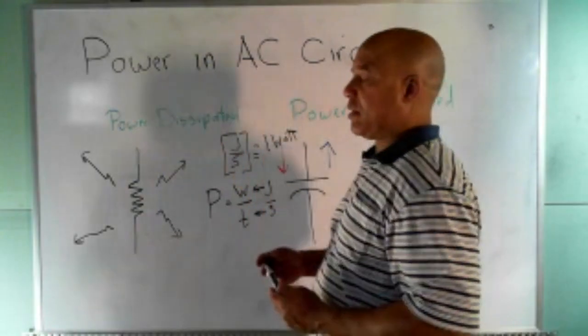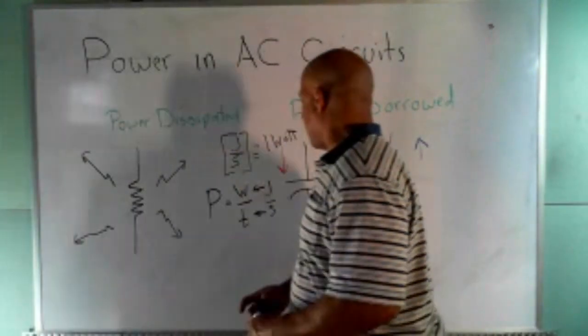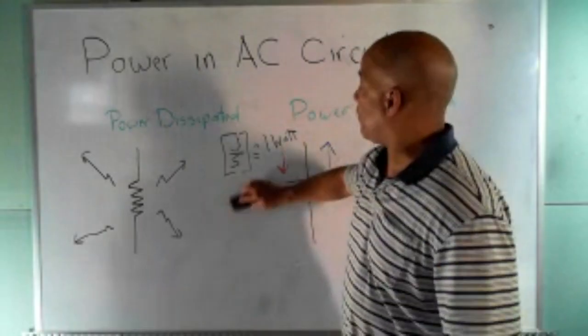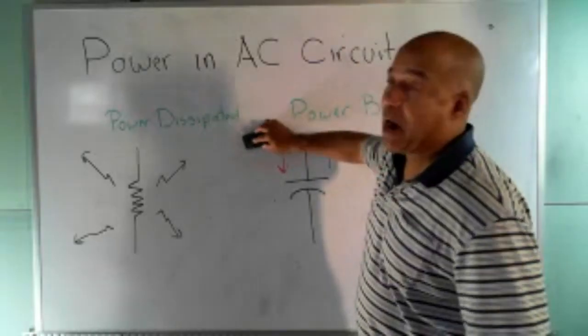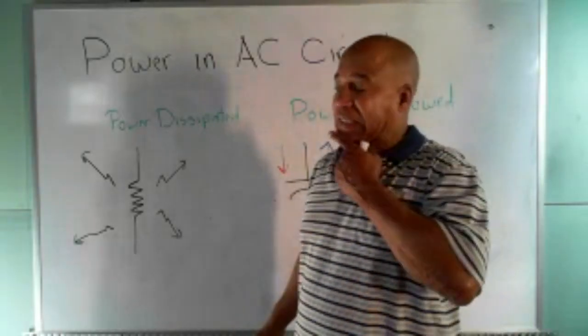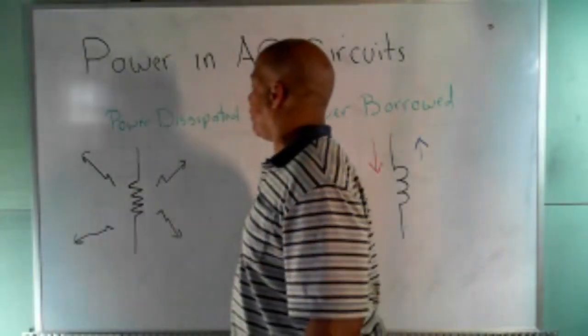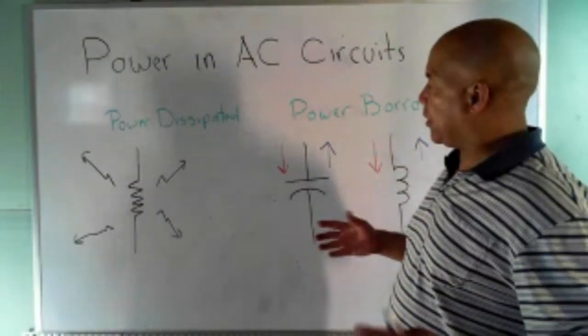And so we did power calculations based on Watt's law. P equals V times I. And the other various forms of Watt's law in DC circuits. What we're going to learn in AC, power is kind of a complex animal. It's actually way more involved than it is in DC. Depending on the element we have, power behaves a certain kind of way.